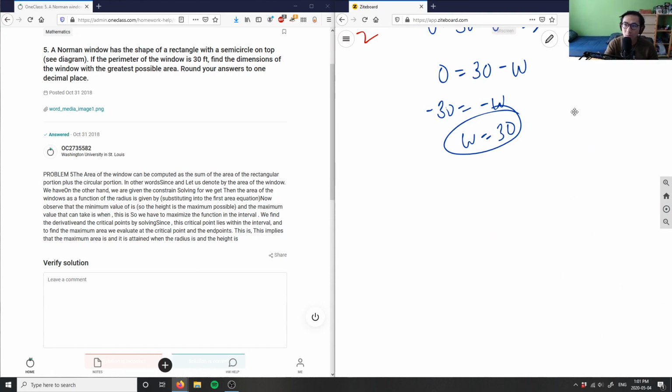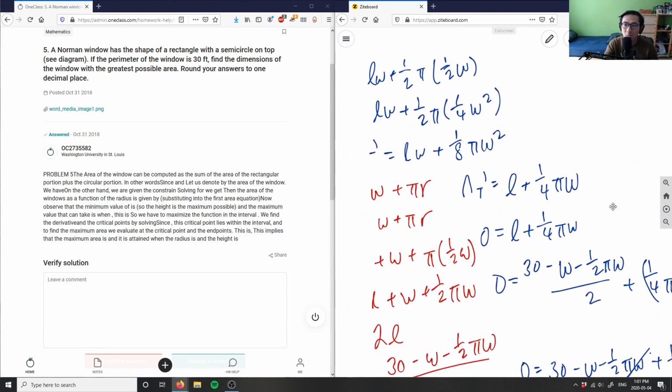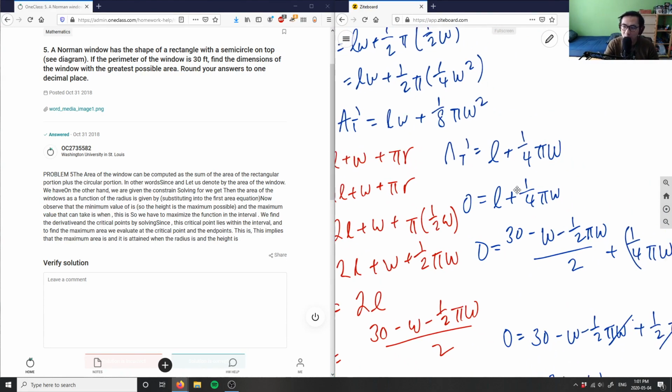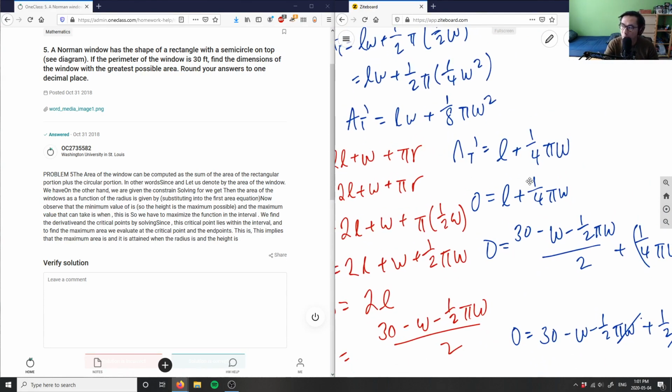Let me just look back to our equation here. And we're going over time now, so it's okay, but I'm kind of determined to finish this problem here. So I'm just thinking about how we could figure out this problem here.